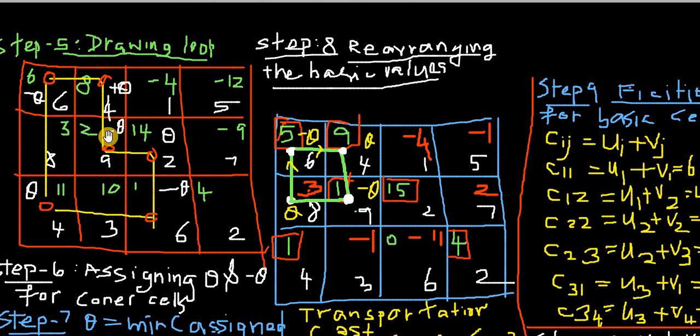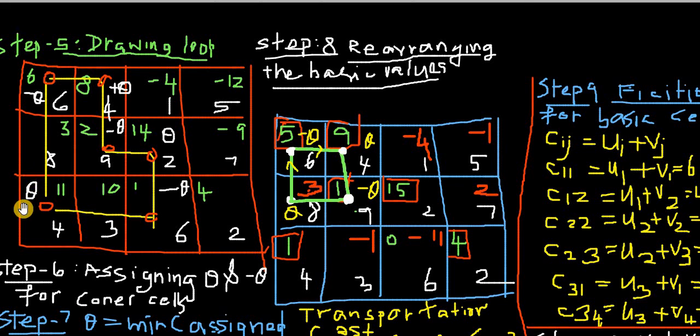Here 2 minus 1, 1 will come here. 14 plus 1, 15 will come here. And 1 minus 1, 0 will come here. I repeat again: the theta value is 1. That's what we identified. That theta value you have to give here and join with the basic value.